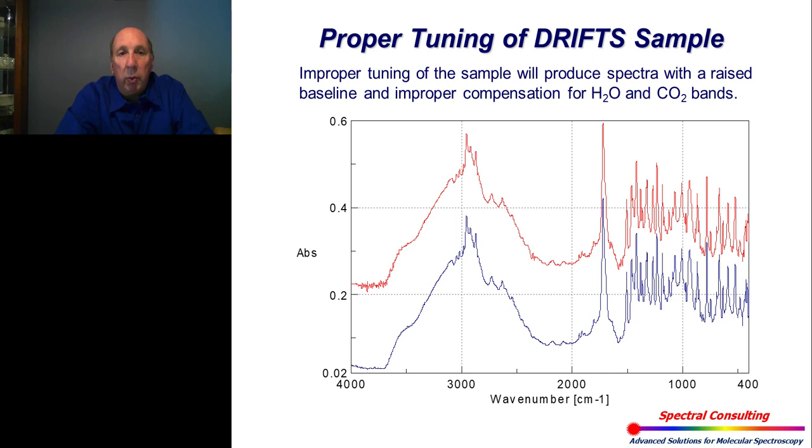What we want to do is tune the sample cup so that the spectrum of the sample is right down near zero absorbance. So when we convert it to percent transmission, it will look much like our standard spectrum, with the baseline at 100% transmission and the peak maximum at right around 20 to 25% T.